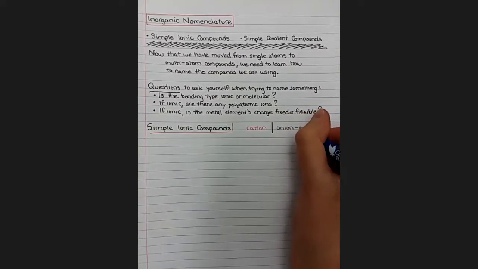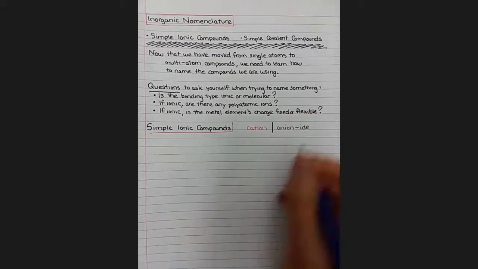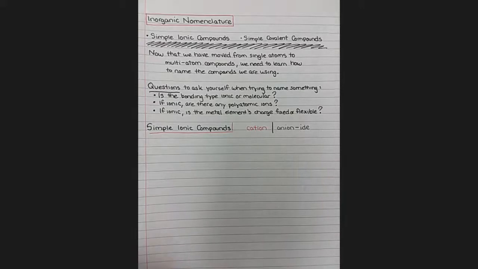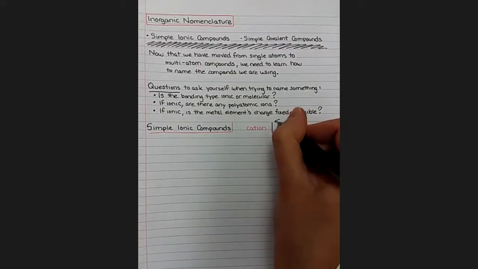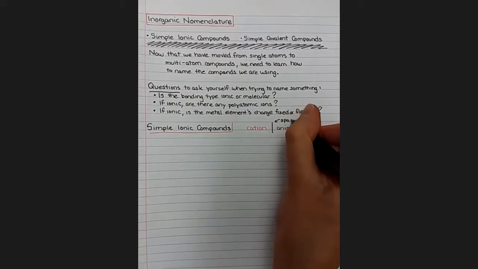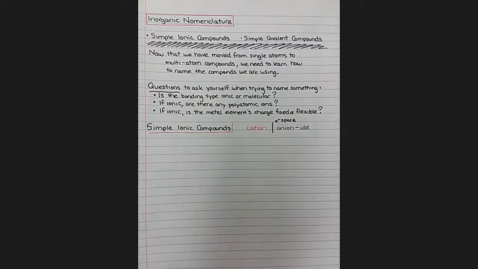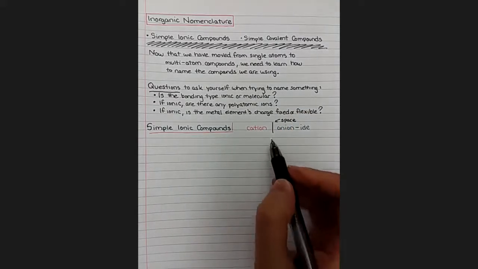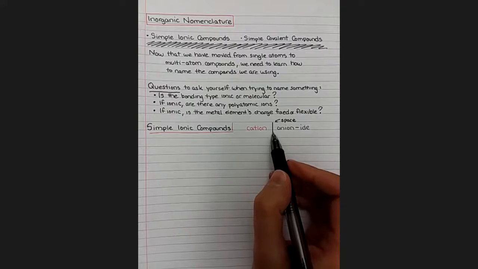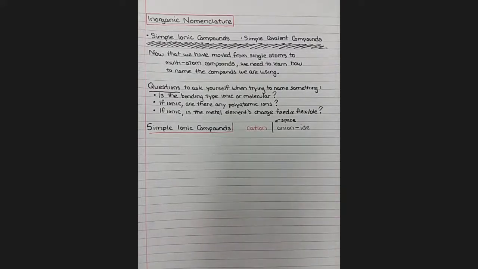And you stick a suffix onto the end of the name of the anion, "ide." And just so you know, this line is supposed to represent a space. I like to draw the line in. You don't have to draw the line, but if you're not going to draw the line, make sure it's clear whether there's a space or whether there isn't a space, so that it's easy to tell how your spelling works.